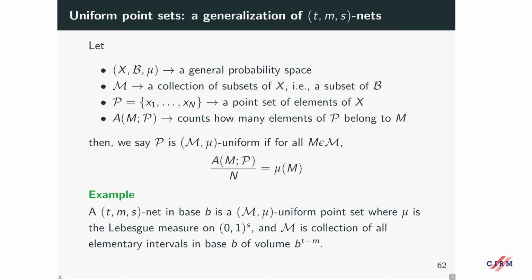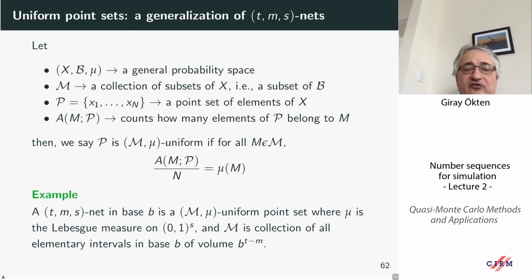Now, there is a different error bound, a different approach to the QMC error, and that avoids this concept of functions of bounded variation. And I want to talk about that briefly. This is called uniform point sets, and you can think of that as a generalization of TMS nets. So we start with a general probability space.